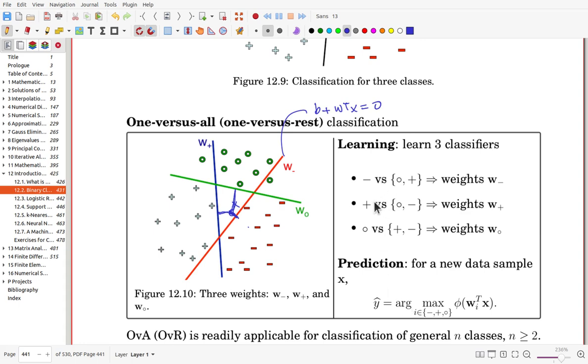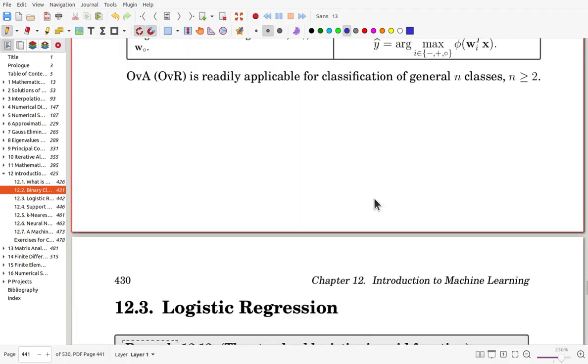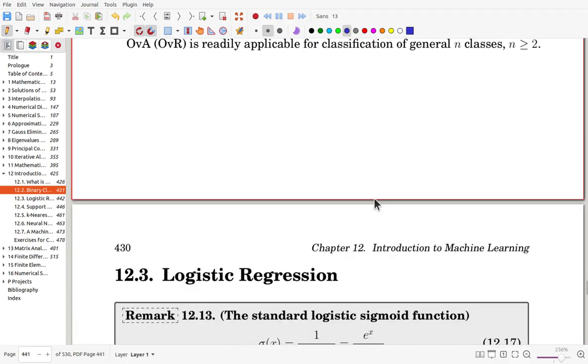So even though we consider only 2-class classification algorithms, we can use them for multi-class classification, right? Okay, that's the end of the section. Thank you.